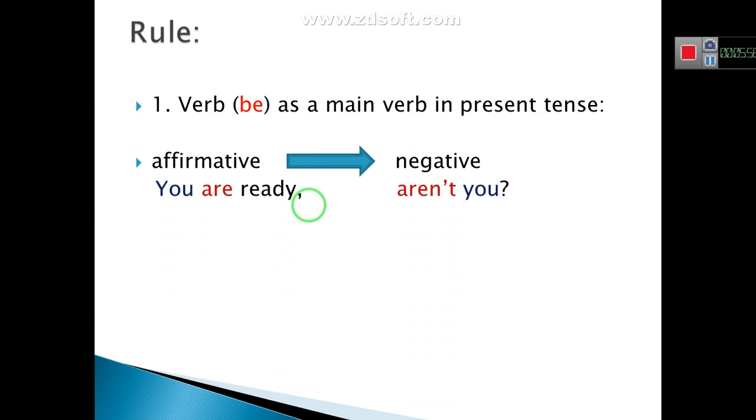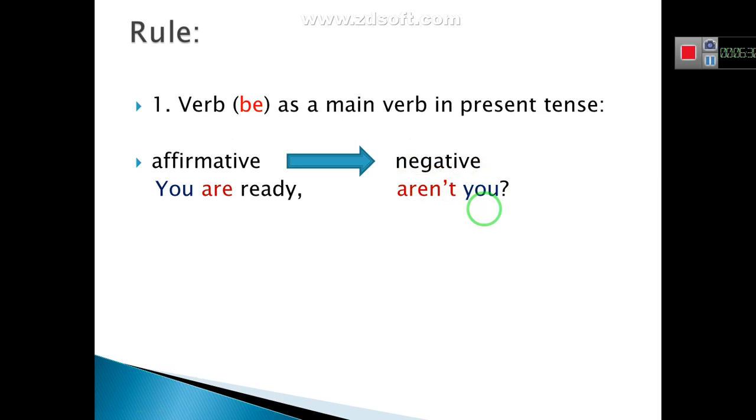Okay, if I have a statement, you are ready. It is positive, it is affirmative. I have the subject, then I have verb be. When I'm gonna write the question tag, I have to use verb be at the beginning: are. But the sentence is positive, then I'm gonna change it to negative: aren't. And I'm gonna repeat the subject. But be careful.